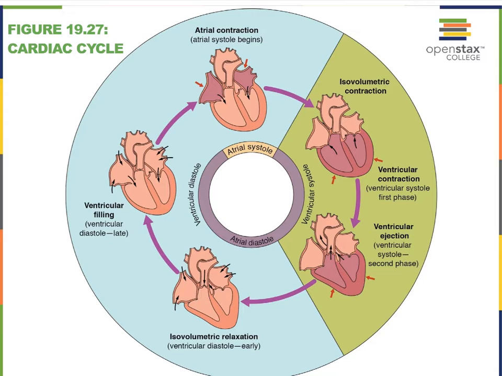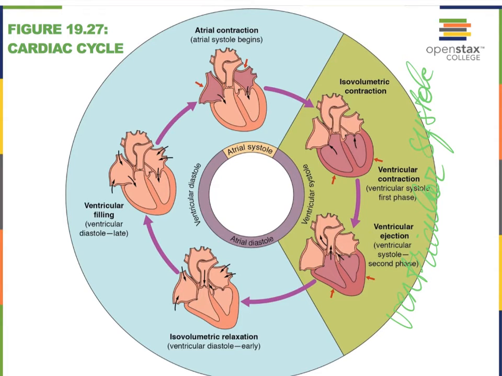Notice that we have all of this portion of the picture that is green. Well, that is the ventricular systole phase, and because it's a little hard to see that, I'm going to write that over here in the green. So this is ventricular systole.